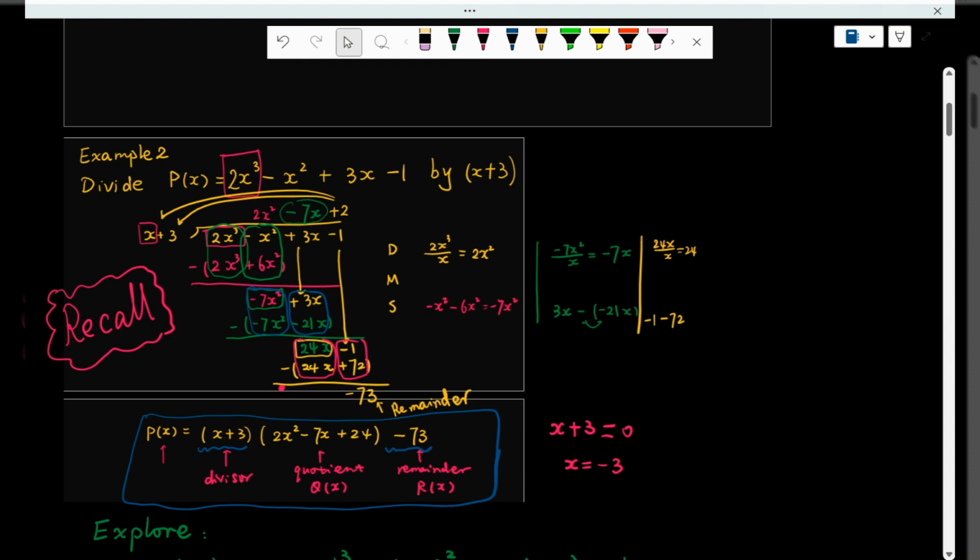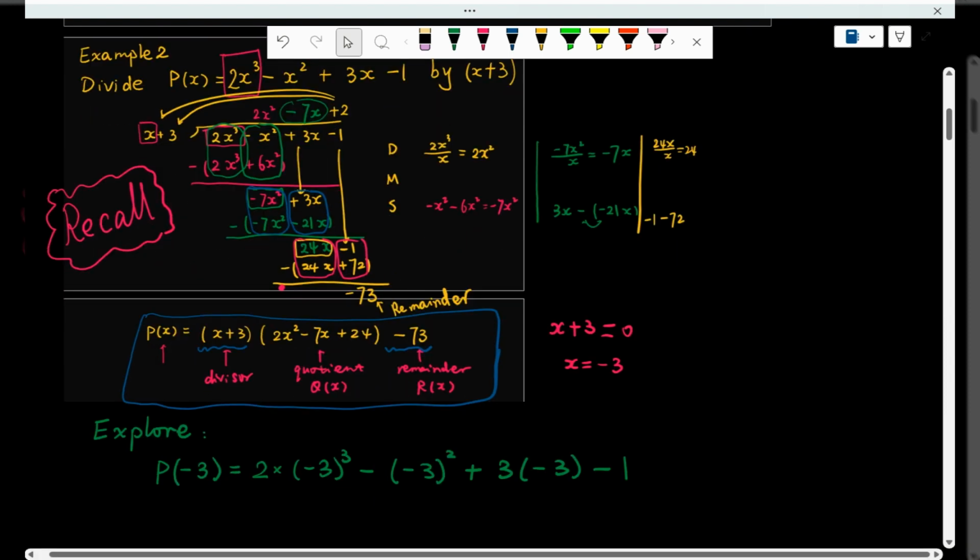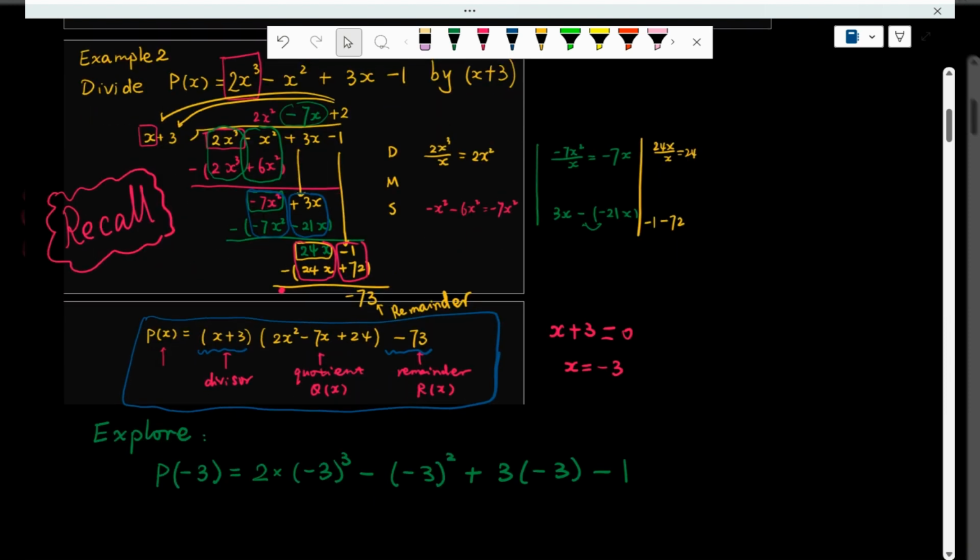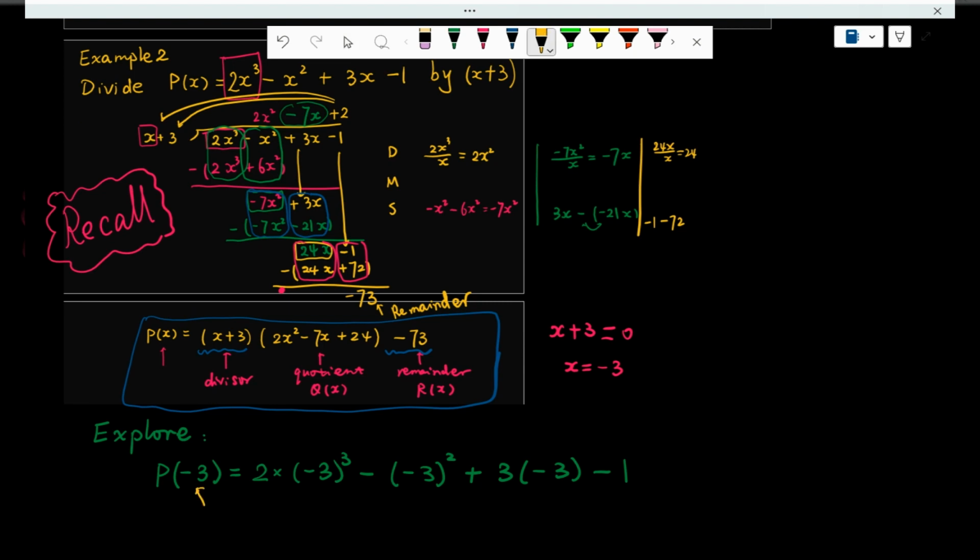P of x is a function, so the input is x, and here it's just negative 3. And then for the output, we just replace all x values by negative 3. Then use the above expression, and we will have this result that we are going to calculate.